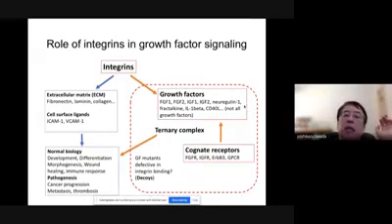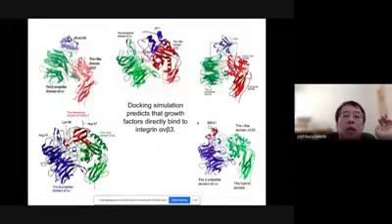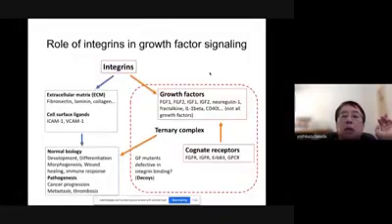At the same time, growth factors bind to their own cognate receptors, for example FGFR, IGFR, ErbB3, a neuregulin receptor, EGF receptor, and GPCRs, G protein coupled receptors, like CX3CR1, the chemokine receptor.